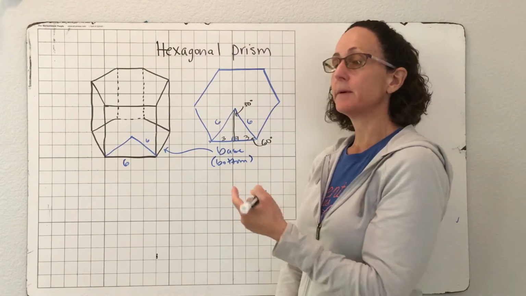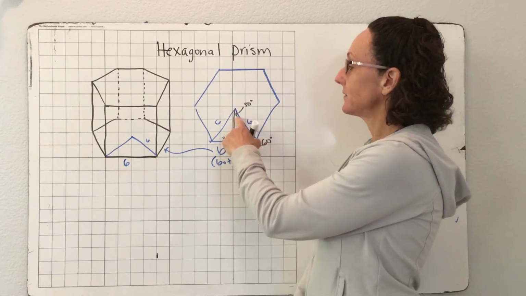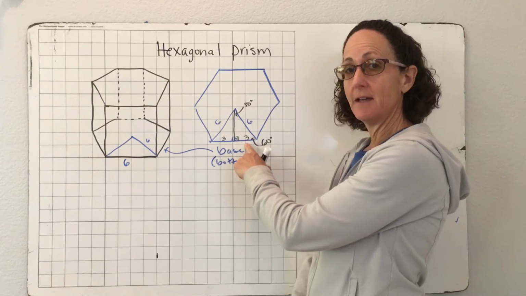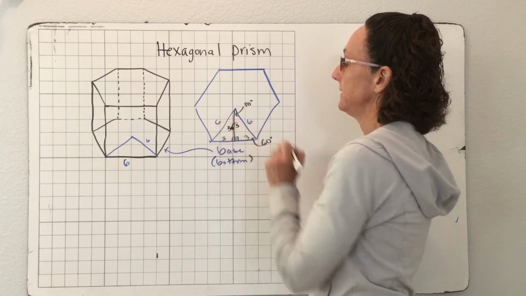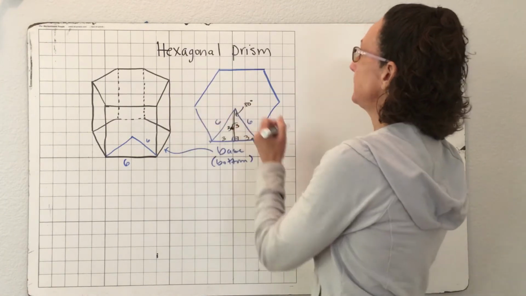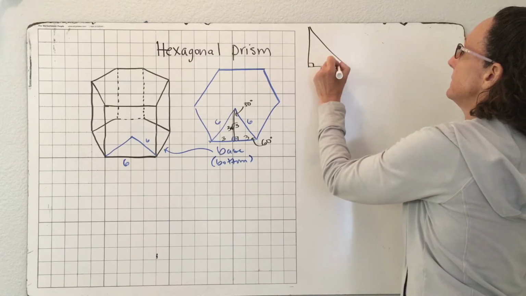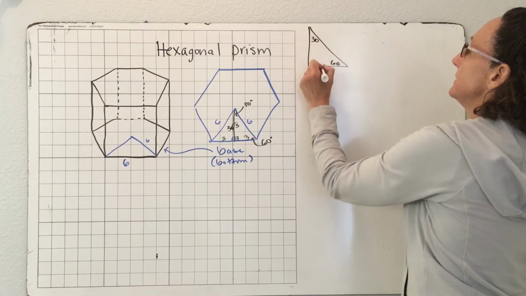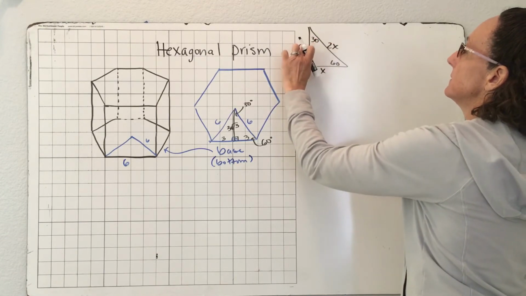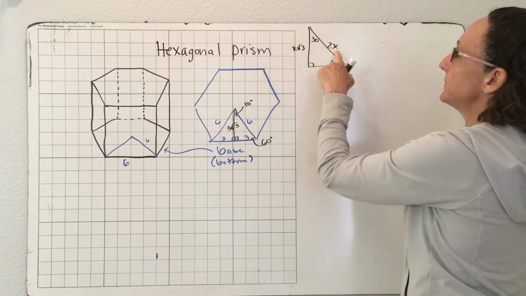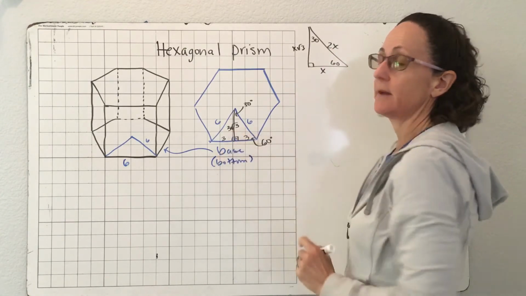Remember, the hypotenuse is twice x, the side across from the 30 is half that, and across from the 60 is x root 3. So if you have a 30, 60, 90 triangle, this is x root 3, and this is 2x. In this problem I gave you that, so you knew that was half that and that was half that root 3.